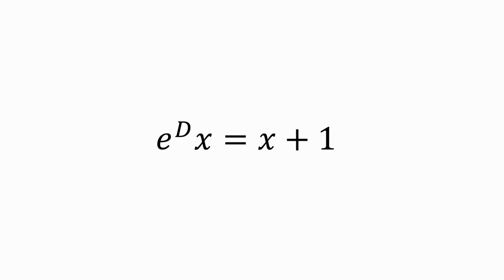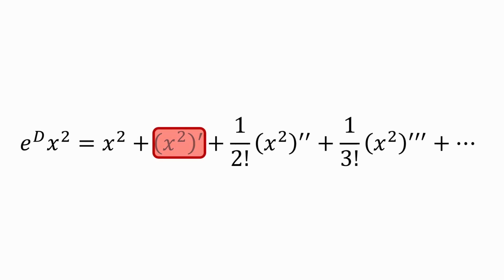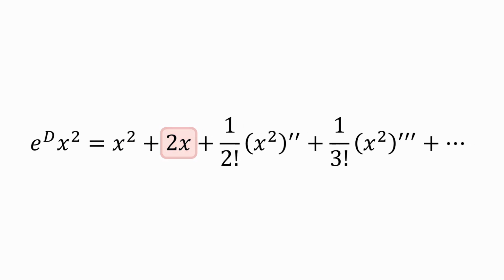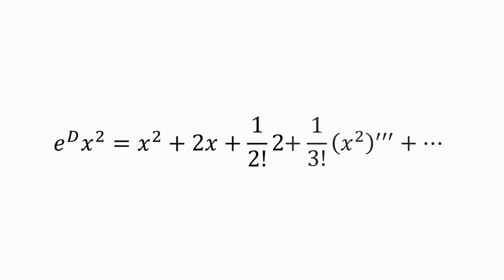Well, let's see what happens when we try f of x equals x squared. X squared is x squared. The derivative of x squared is 2x. The second derivative of x squared is the derivative of 2x, which is 2. The higher derivatives are all 0, and so they vanish.